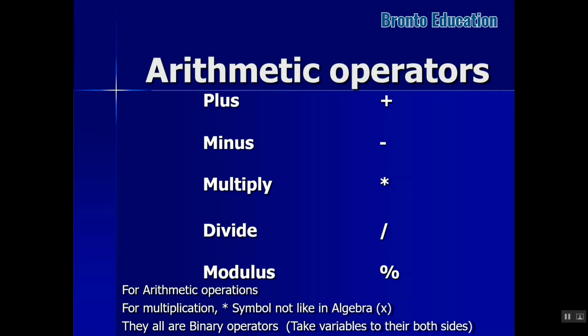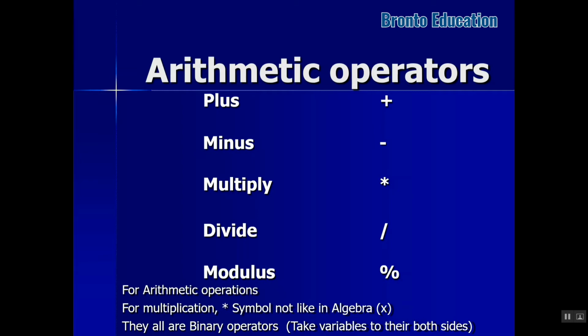We are going to make a program which does all of them. For multiplication we have a star symbol, not an x like in algebra. They are all binary operators, taking variables on both sides.